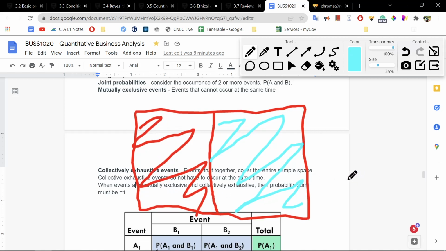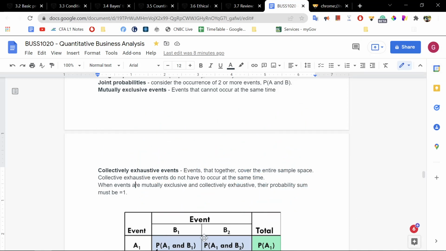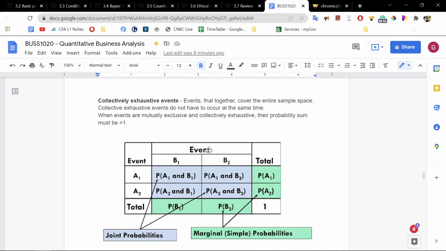The red side and the blue side are mutually exclusive because they do not touch each other. They're also collectively exhaustive because when we add these two together, we get the entire sample space. So this probability distribution right here will be mutually exclusive and collectively exhaustive. That's the idea of mutually exclusive and collectively exhaustive.